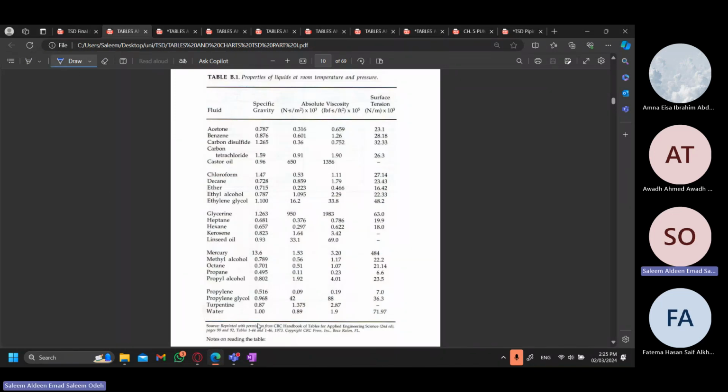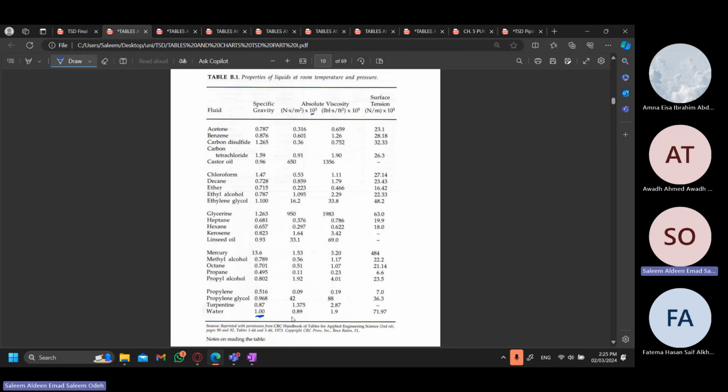If you watch the previous tutorial, you'll see how to read this table, but I'll repeat it again quickly. To find the density, you need to multiply the specific gravity by 1,000. And to find the viscosity, you need to multiply the value by 10 to the power of 3.